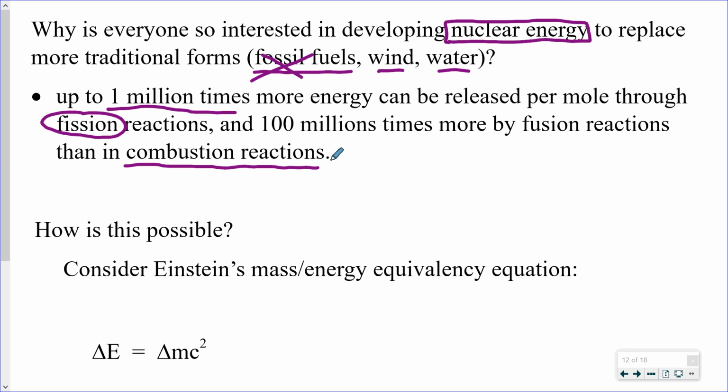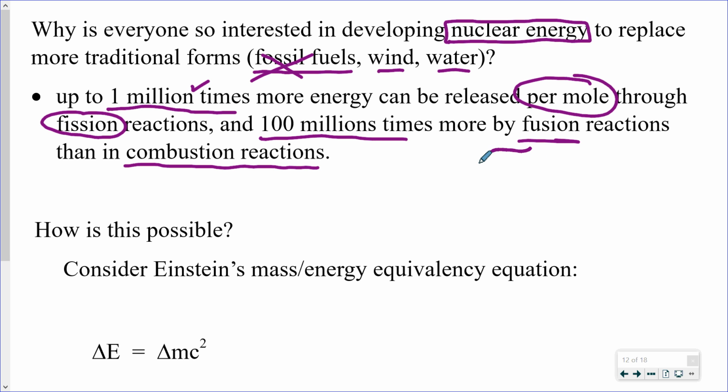So if we talk about using coal in order to generate electrical energy and compare that to using uranium, the fuel that we do use in nuclear fission reactors, including our Canadian CANDU reactor, 1,000,000 times more energy for the same amount of moles using fission compared to combustion. And if we can ever get this figured out, nuclear fusion reactions, again, those are the reactions that take place in our sun, even more, up to 100,000,000 times more energy.